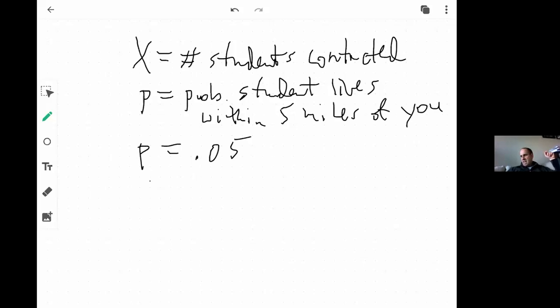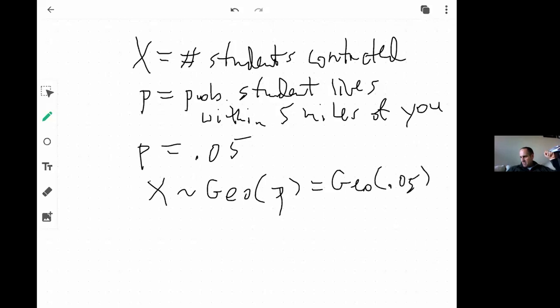So this X right here is distributed as geometric with proportion of success P. So in this case, it's geometric with proportion of success 0.05.